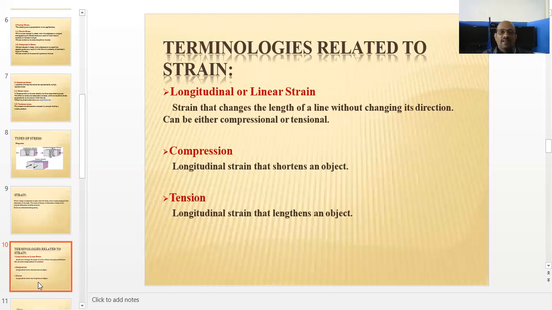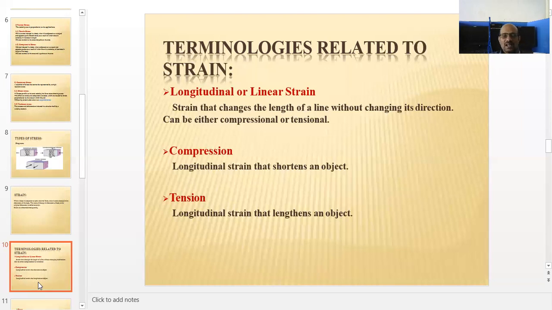Another one is called tension. So what is tension? Tension is nothing but longitudinal strain that lengthens the object, meaning tensile. Tension strain is similar to longitudinal strain.